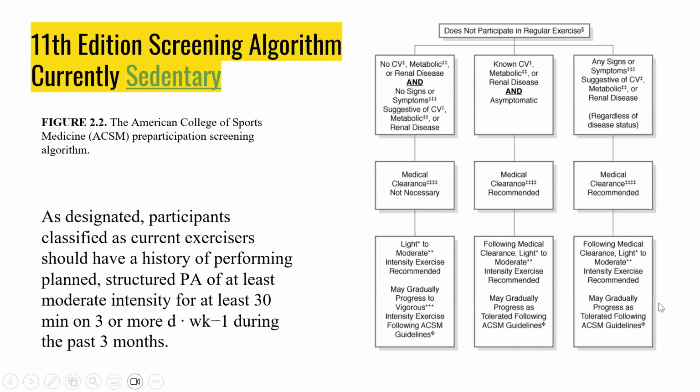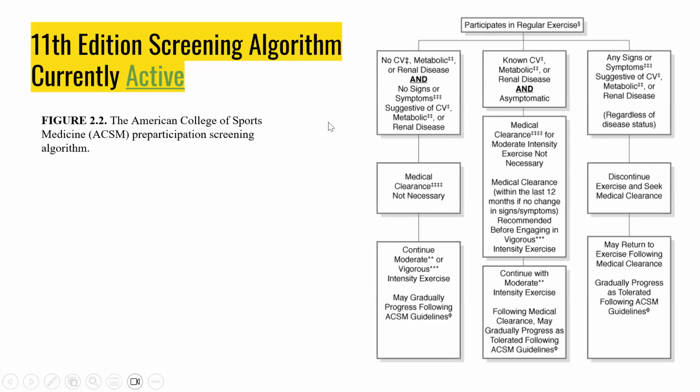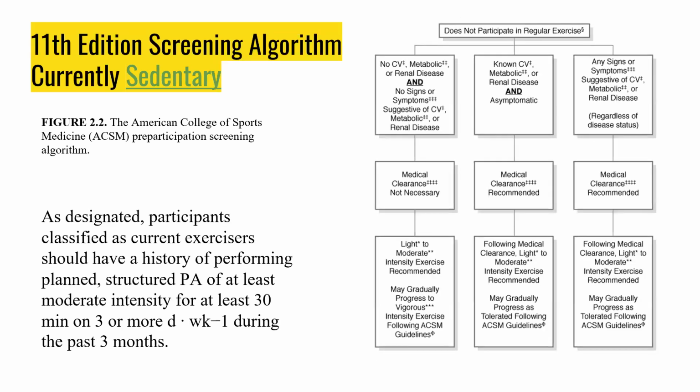All right, this is the 11th edition screening algorithm, and there's 2. This one is for currently sedentary individuals. So you can see it says on the top here, does not participate in regular exercise. And this is the second one. This is the algorithm for currently active individuals that are participating in regular exercise.